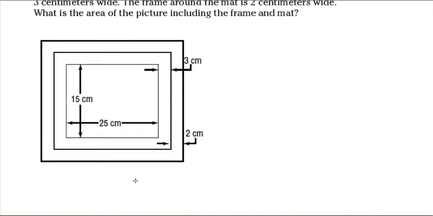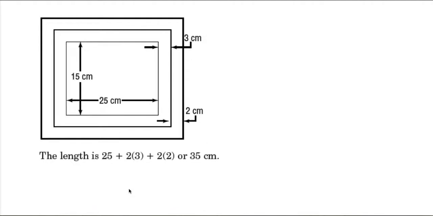So what we want to do is find the length. The length is 25 centimeters, which is this one, plus 3 centimeters. Why is it 2 times 3? Because there's 3 centimeters here, and there's also 3 centimeters on the other side.